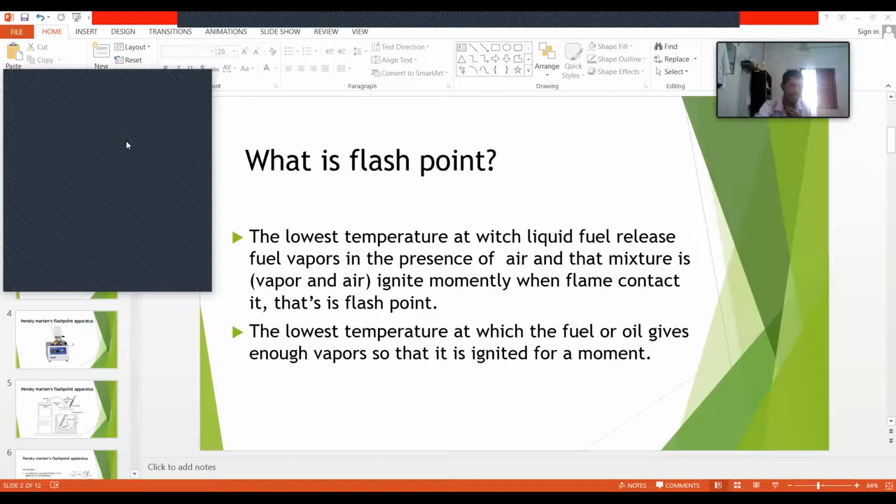No. I am asking, in our practical we had found out the flash point for the diesel, no? Yes, sir. In that video, what temperature did we get as a flash point? I explained, no? While explaining, I told you, no? Don't you remember? Then you were not in that practical, I think. You are not continuously in this practical, I think. You are doing something else. I don't know. Okay, then I'll take it like that.